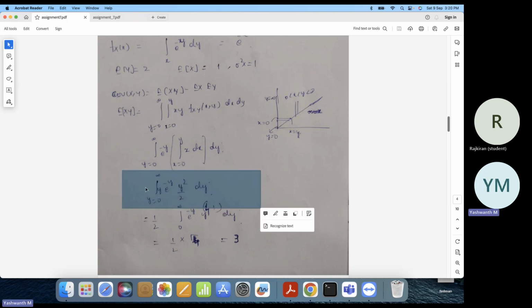So this is nothing but half goes out, y cube e power minus y. You can write it as y power 4 minus 1, and y cube is 3. In general, the gamma function is gamma of n, where n is any positive number.